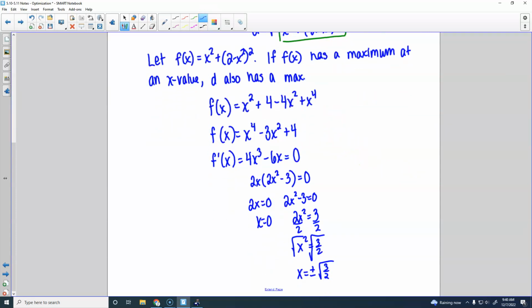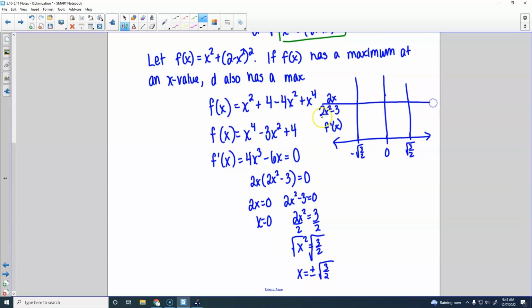All right, so let's do a sign line. We've got negative root 3 over 2, 0, and positive root 3 over 2. I'm going to make the chart. You don't have to, but we need to think about these signs.